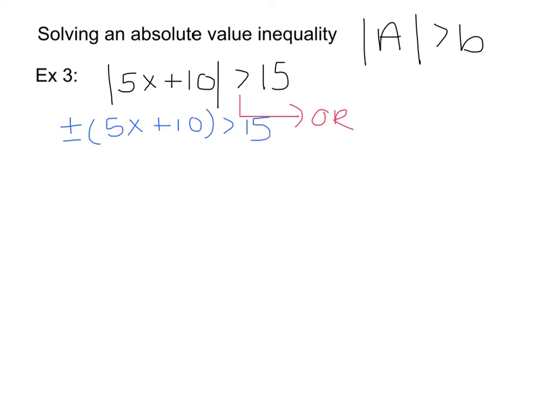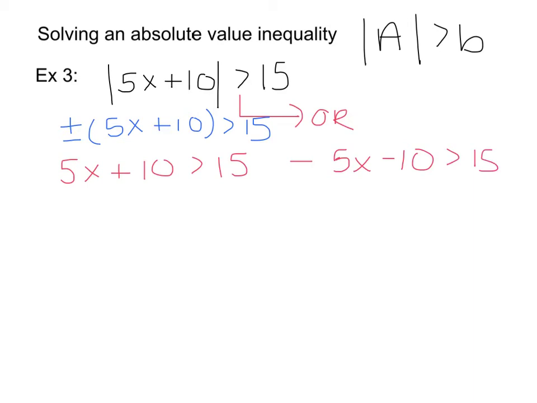Now let's distribute the positive. It should not change my equation at all. I get 5x plus 10 is greater than 15. Distribute the negative, it gives me negative 5x minus 10 is greater than 15.